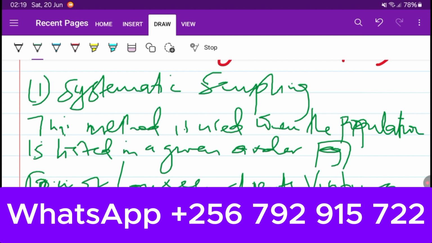You look at the number of clients visiting your website, clients visiting a particular web page in a given hour.